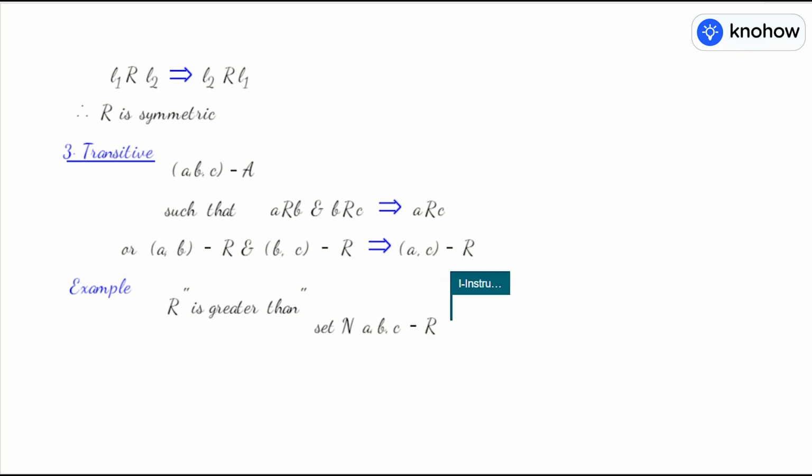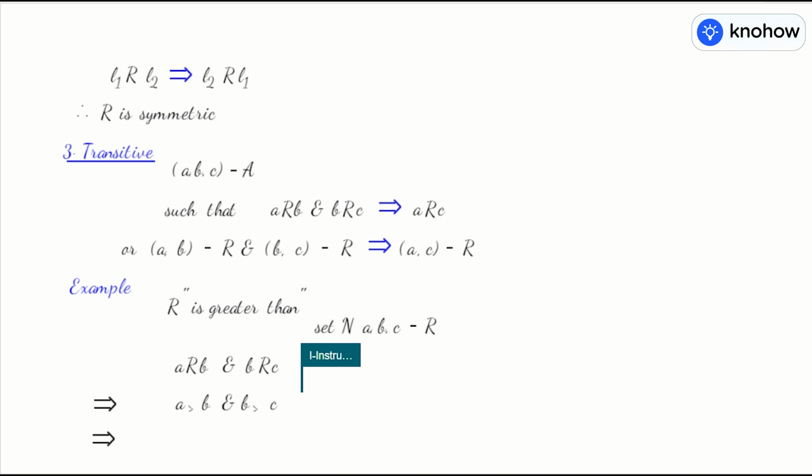Let us first try: a is related to b and b is related to c. A is related to b means a is greater than b, and b is related to c means b is greater than c. So clearly, if a, b, c are three natural numbers such that a is greater than b and b is greater than c, then obviously a is greater than c.